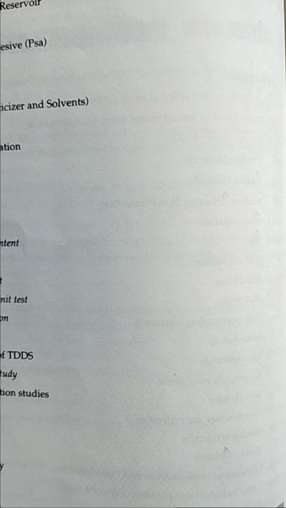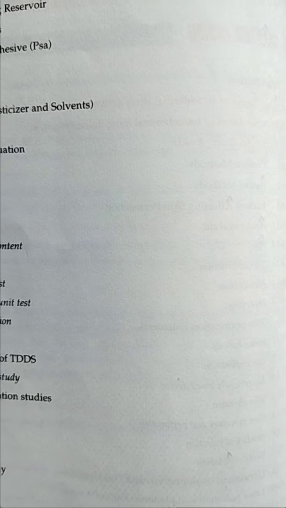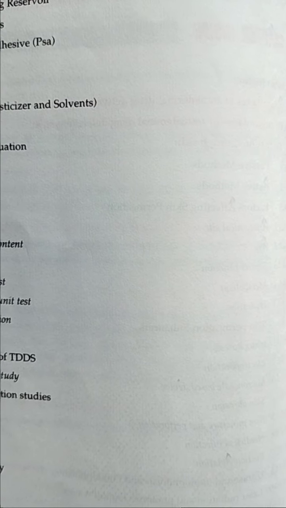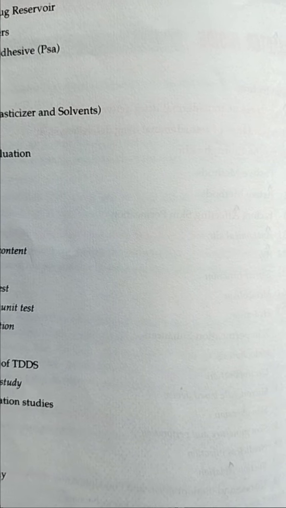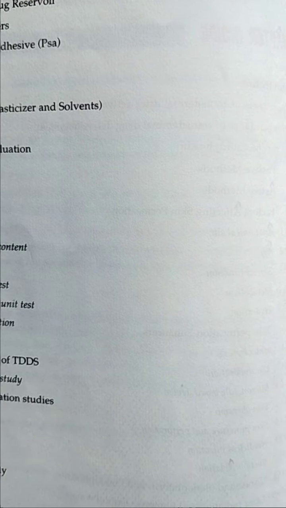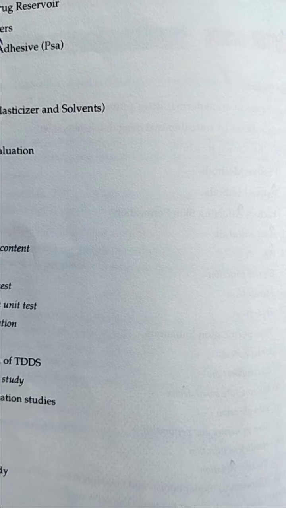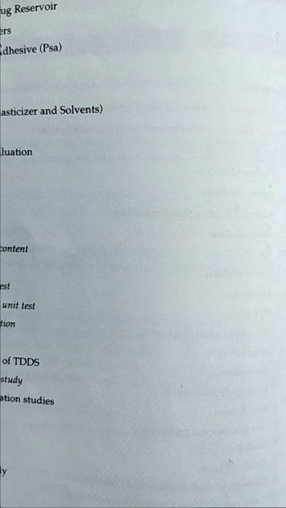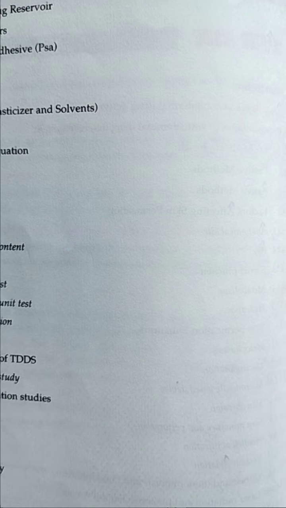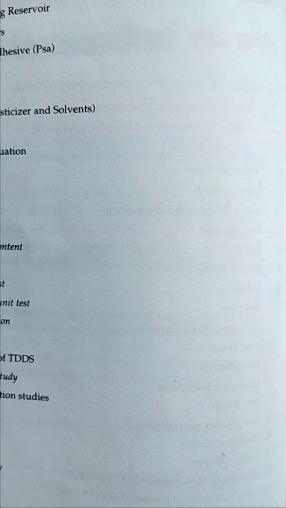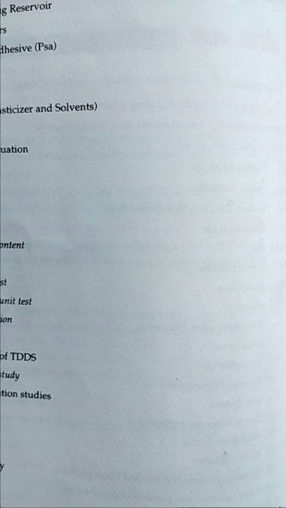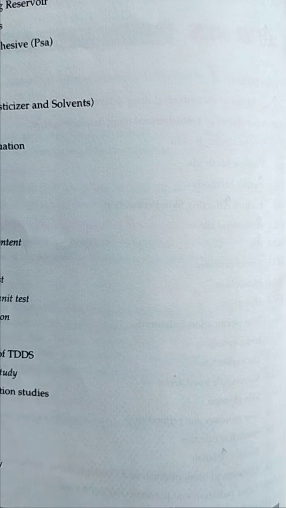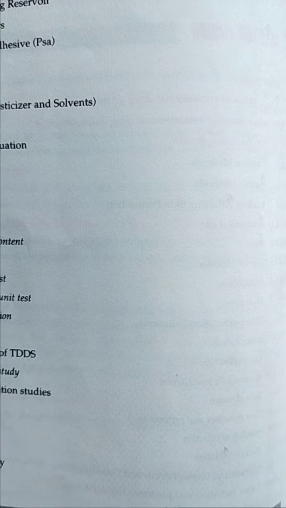The stratum corneum is comprised of dead cells embedded within a lipid rich matrix. The brick and mortar architecture and lipophilic nature of the stratum corneum primarily account for the barrier properties of the skin.